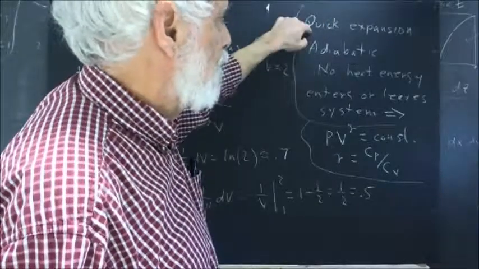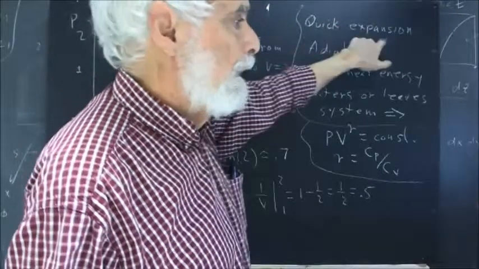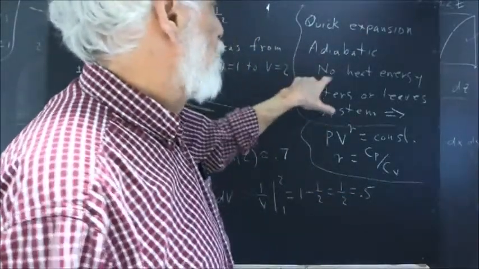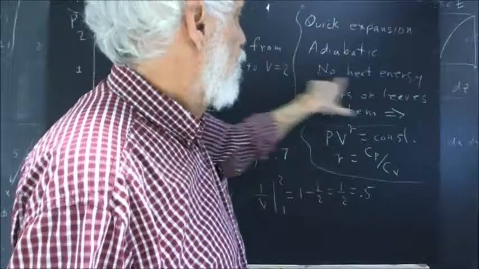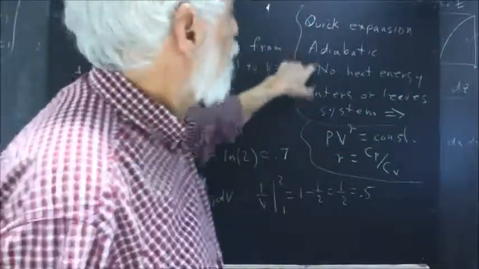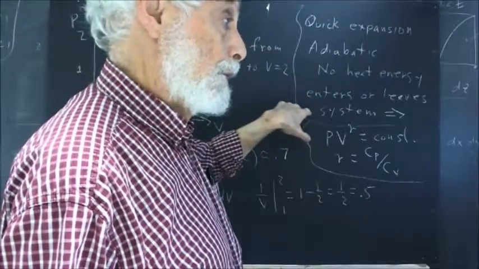Now, adiabatic doesn't necessarily have to be quick, but typically adiabatic is what happens with a quick expansion. Because in a quick expansion, no heat energy enters or leaves the system. So adiabatic means no heat energy enters or leaves the system.